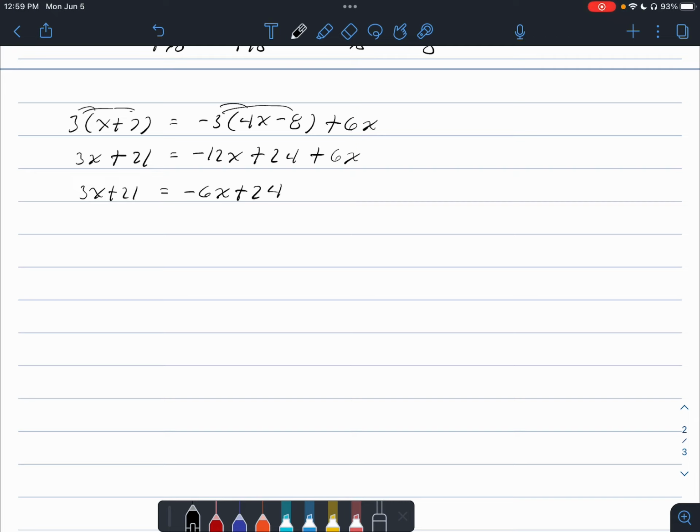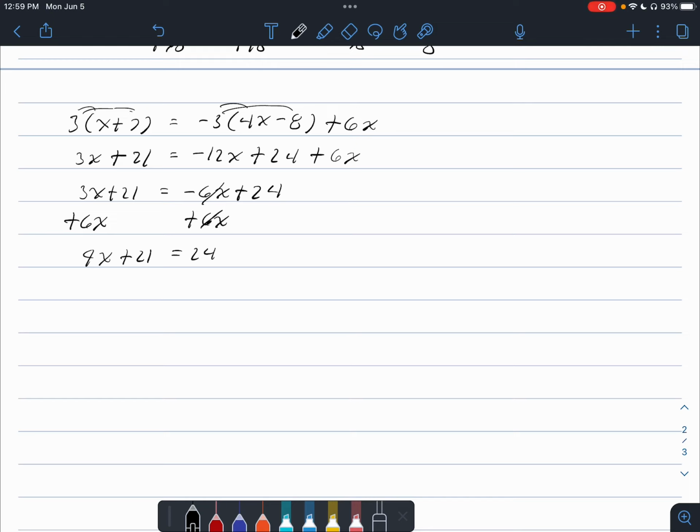Now, again, we're looking to get all of our x's on one side and all of our constant terms on the other. So let's go ahead and add 6x to both sides of this equation. These will cancel, and we'll get 9x plus 21 is equal to 24.